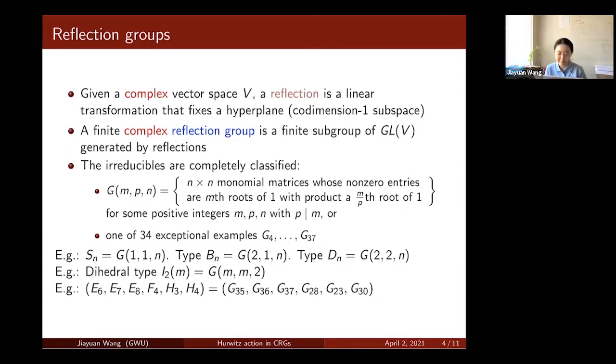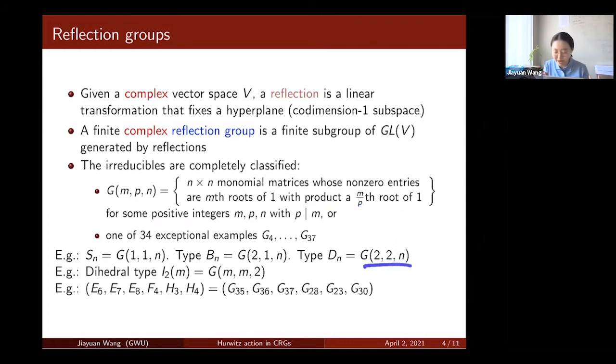So how do you keep track, for B_n and D_n, that there's an even number of -1s in these parameters? Why does G(2,2,n) make sure that there's an even number of -1s? Here we have the requirement on the product of the non-zero entries.